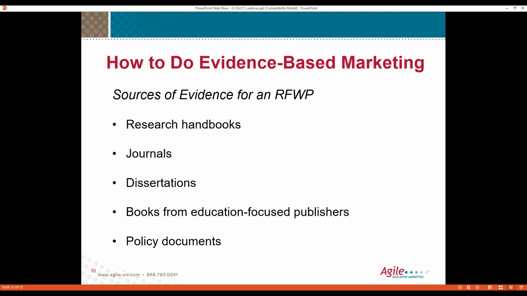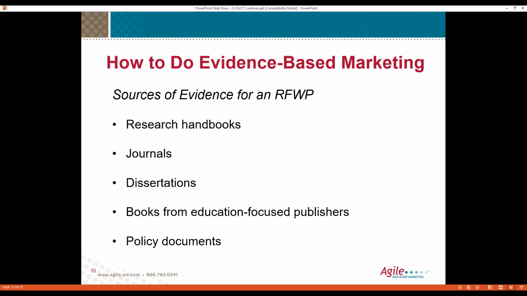If you can find a meta-analysis that deals with some particular claim that you're going to make about your product, that's really fabulous. The third source is dissertations. Dissertation Abstracts is a database, and there are other ways to search dissertations too.